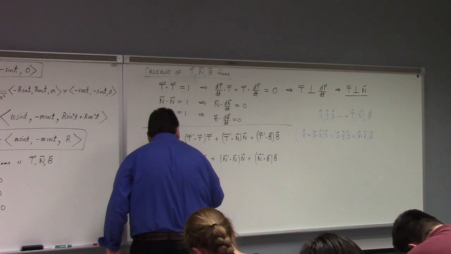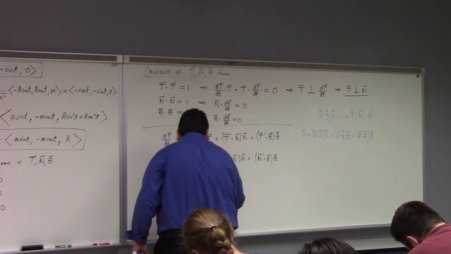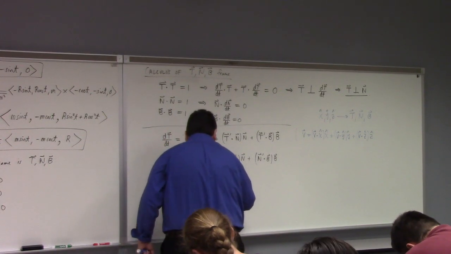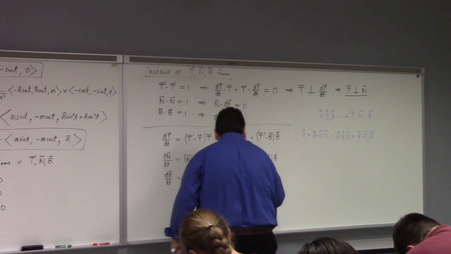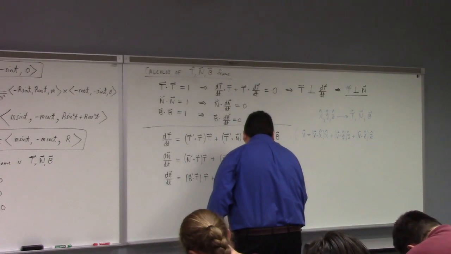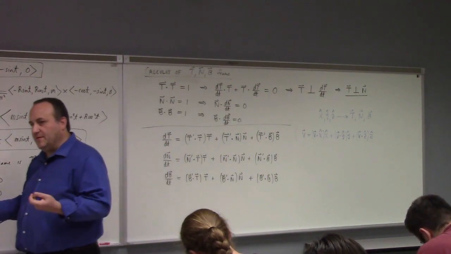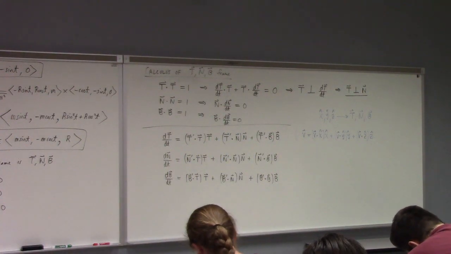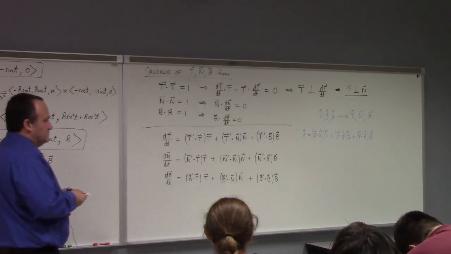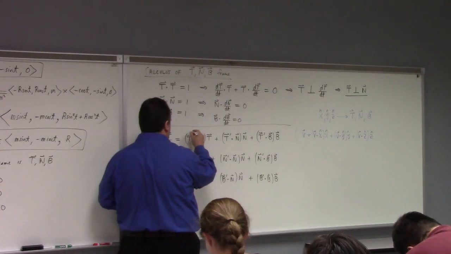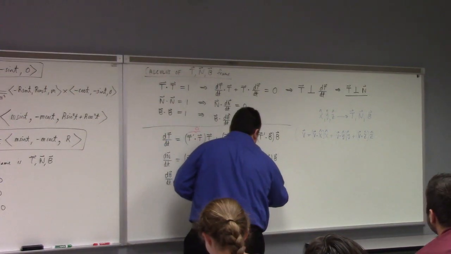I can break it up into its components: its tangential component, its normal component, and of course its binormal component. But by the calculus that I have right above these equations, what do we know about these terms? This is 0, this is 0, and this is also 0.